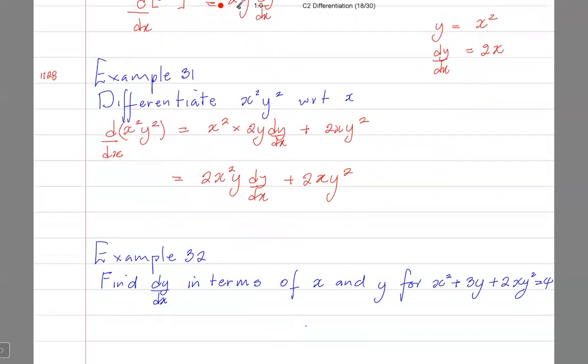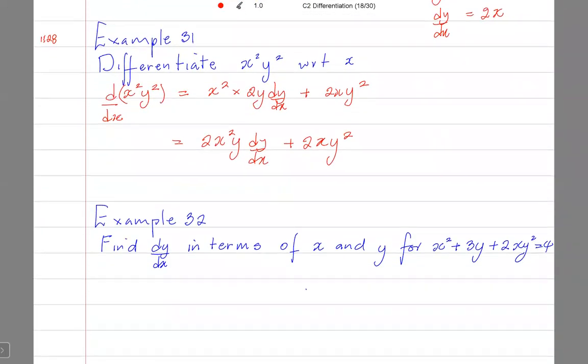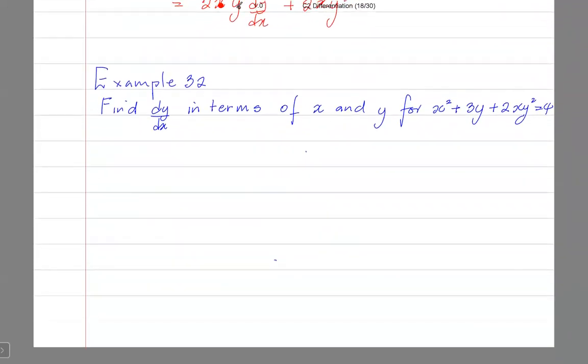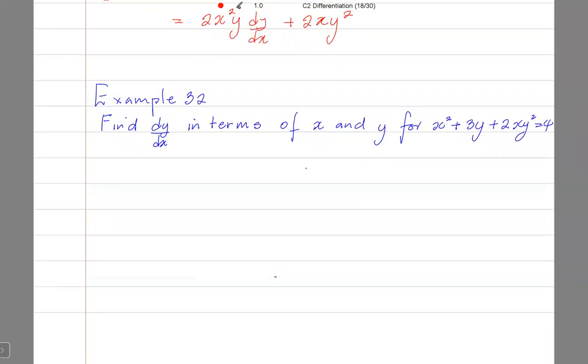All right, so let me look at example 32, then I'll ask you to look at example 33. Example 32 says, find dy by dx in terms of x and y for x squared plus 3y plus 2xy squared is equal to 4. So we have x squared plus 3y plus 2x y squared is equal to 4.